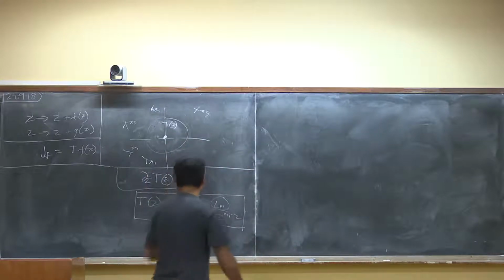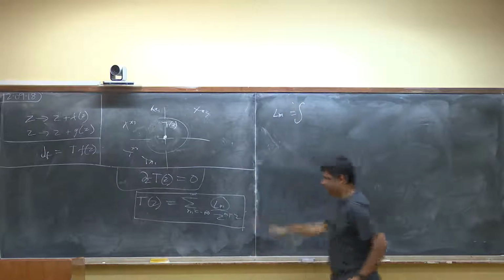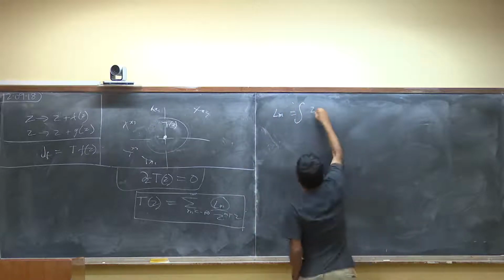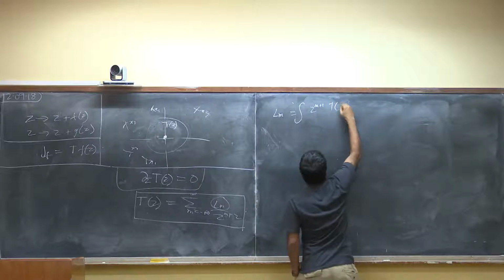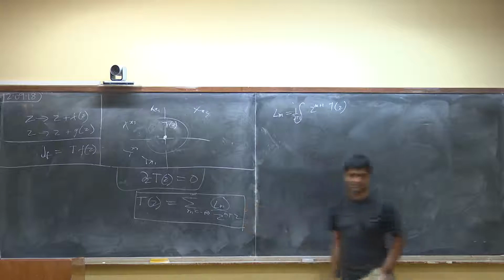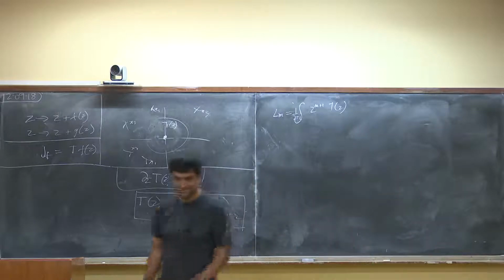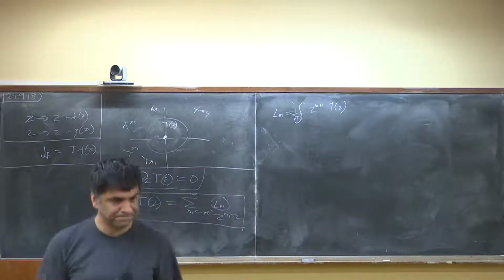How will I get it? Well, I just invert this formula. L_m is equal to 1 over 2 pi i times the integral of z to the power m plus 1 times T of z, using Cauchy's theorem.